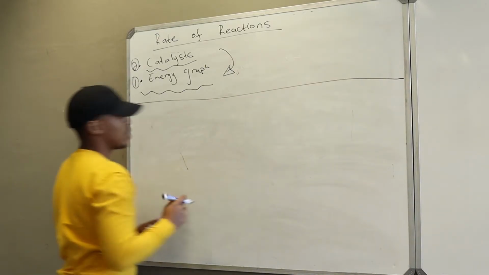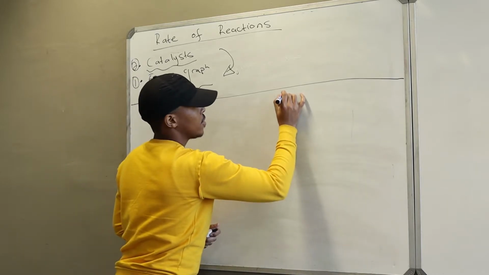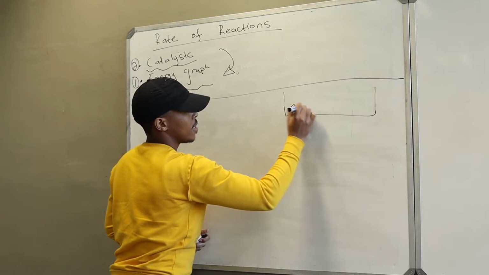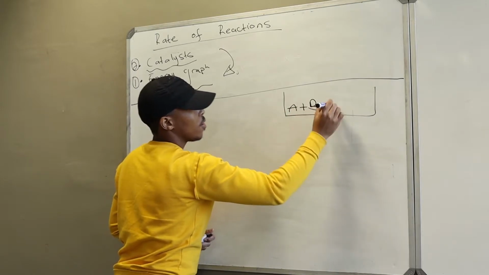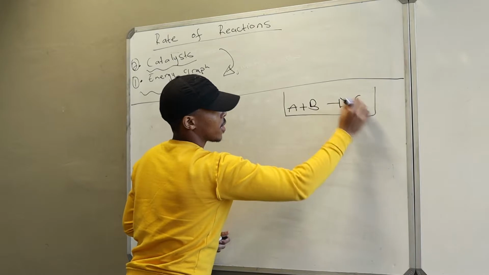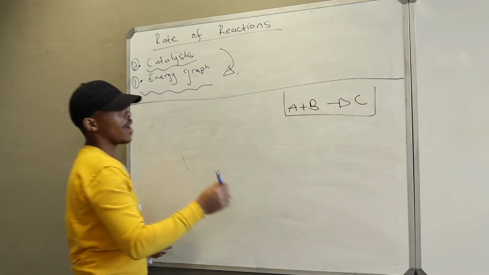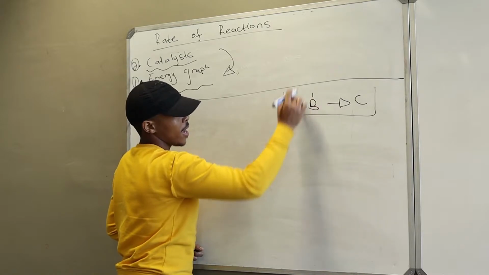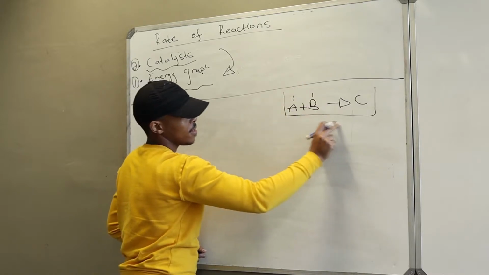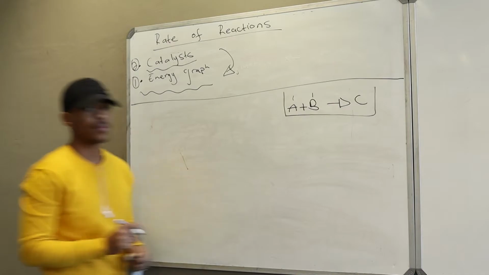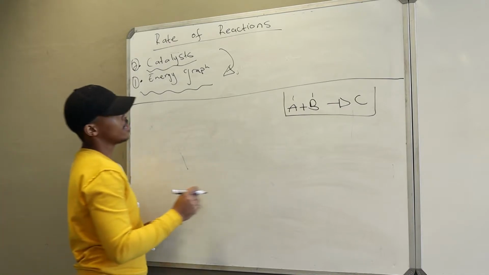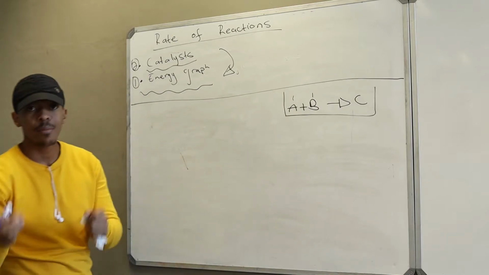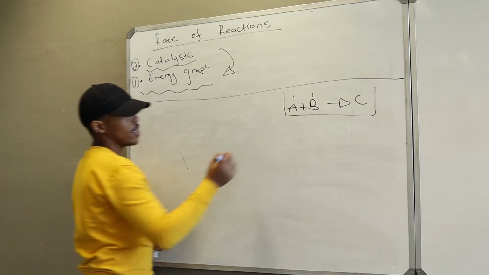In a chemical reaction, you have reactants A plus B, which will give you the product C. So A and B react together and they form C. Now, certain reactions happen at certain temperatures.